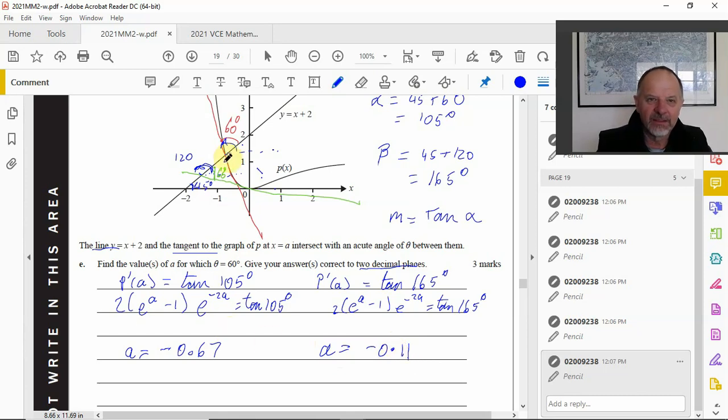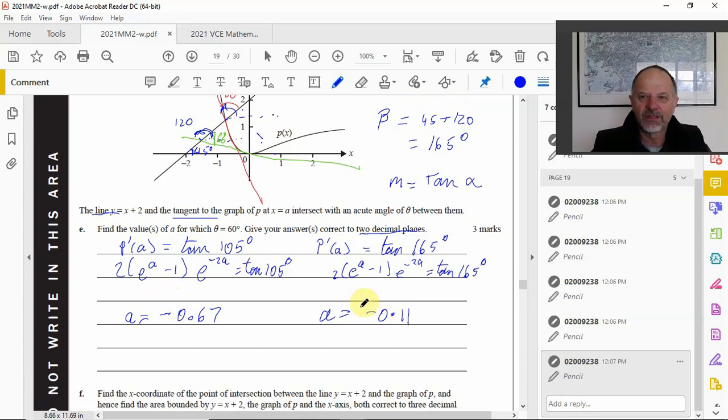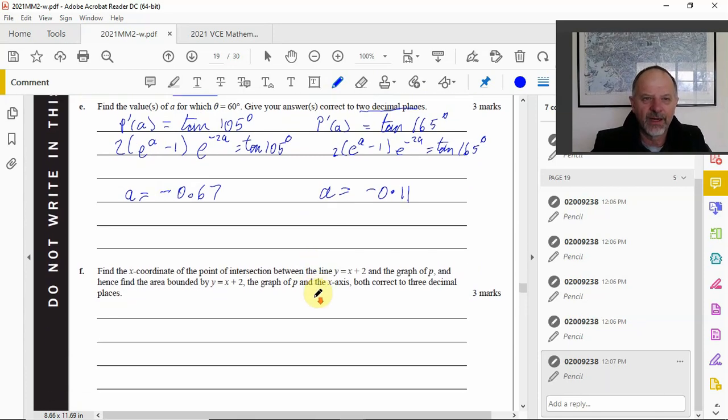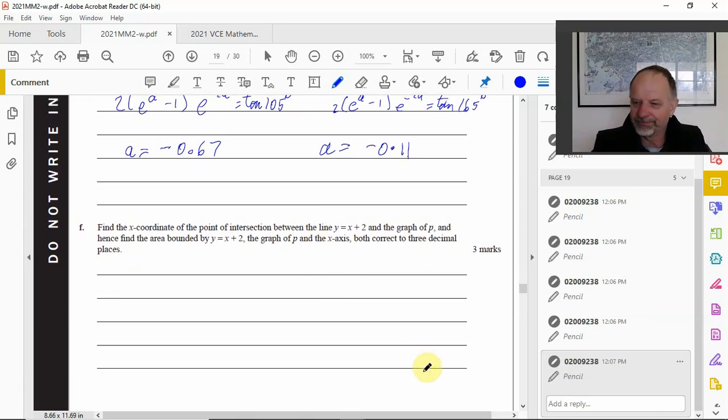All right, so a is where the tangent touches that P of x. So there's our 2 answers to 2 decimal places. I didn't show you how to do that solve function on a calculator, so ask your teacher if you need help with that.